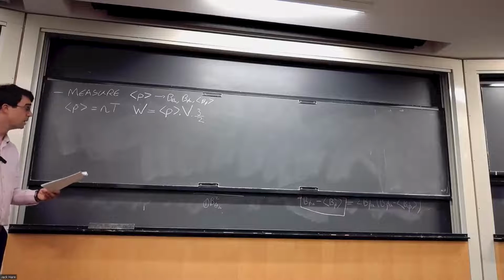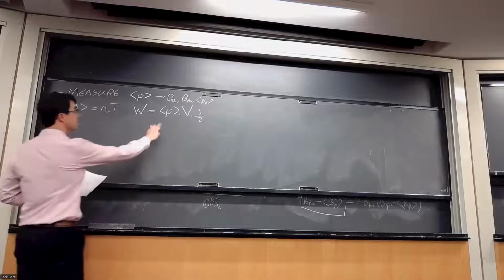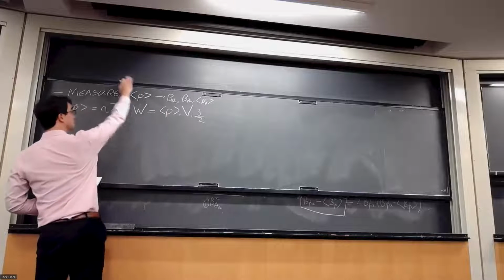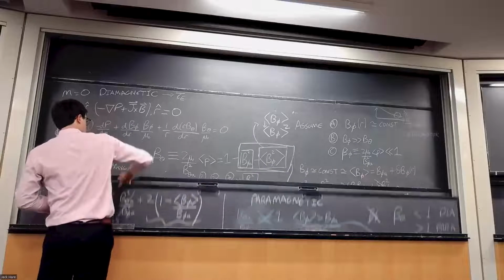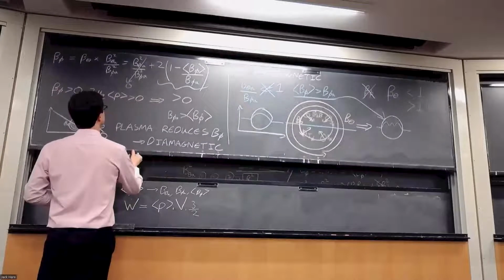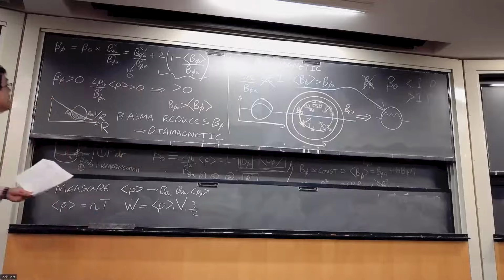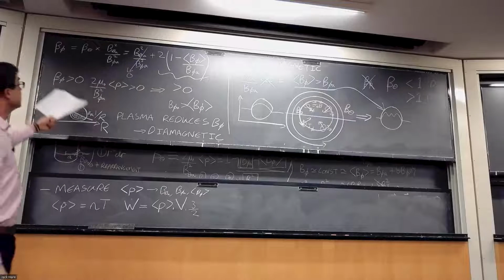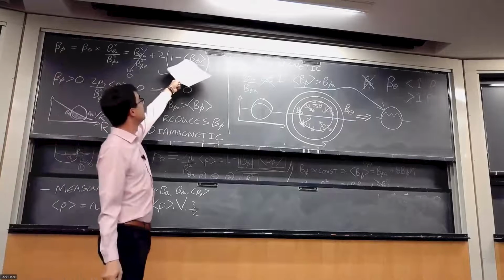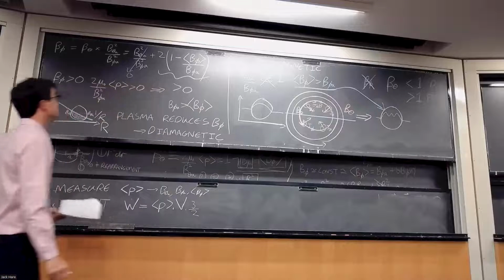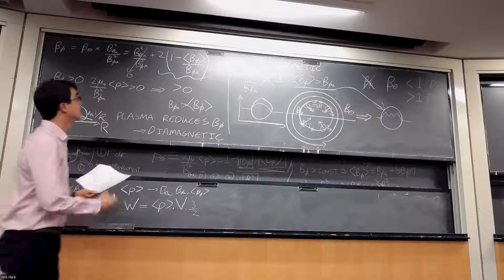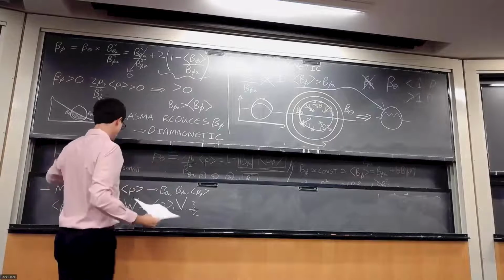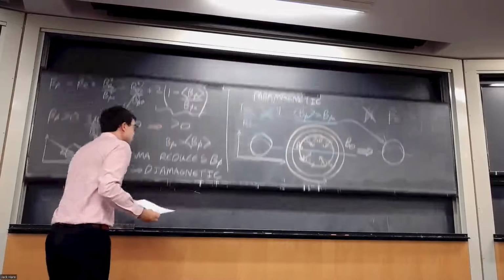Cool. So the trouble is, measuring this is still difficult because, where's my board with it on? The thing that we're measuring in order to get this pressure is the ratio of these two things. And it turns out that this dip is going to be very, very small. And so it's going to be very, very hard to measure this.